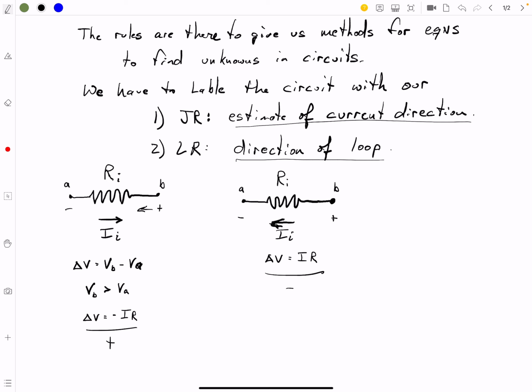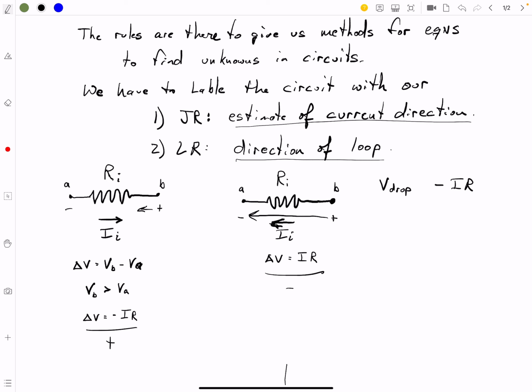So we're going that way current-wise. What are we doing, though? We have a voltage drop. So when we add and subtract voltages, a voltage drop gets negative IR. Okay, that's a voltage drop.